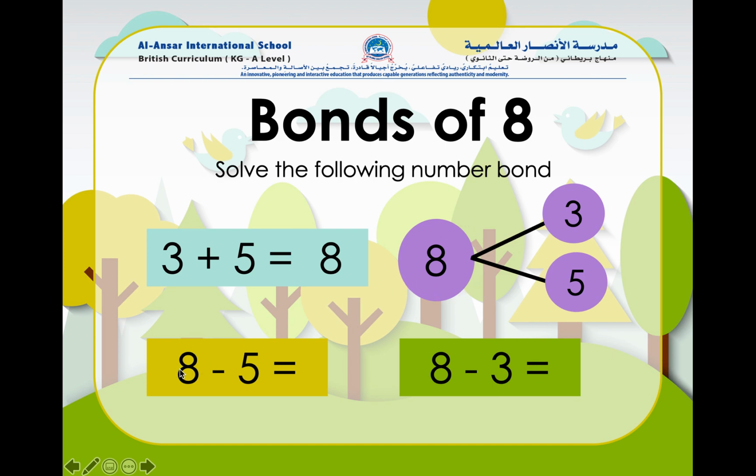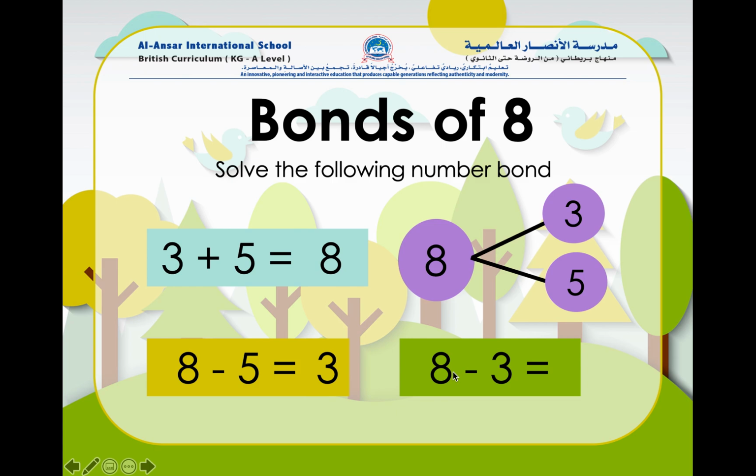So here our whole is 8, and if we say 8 take away 5, our answer will be, if you count in your head and your fingers, you're going to be counting backwards. So we will start with 8, take 5 away on your fingers. It will be 7, 6, 5, 4, 3. So 8 minus 5 equals to 3.